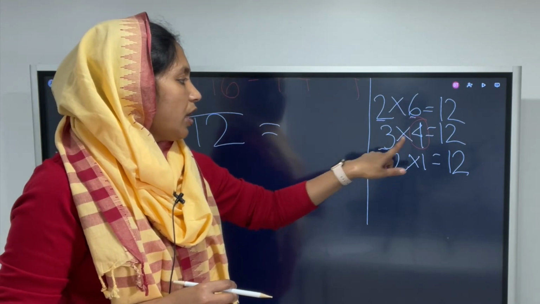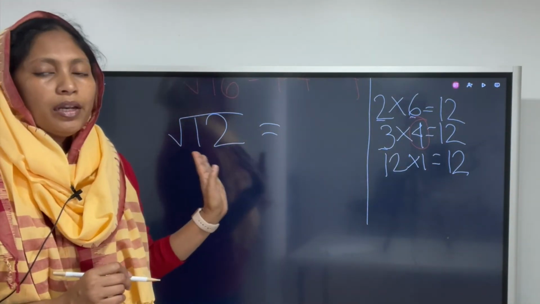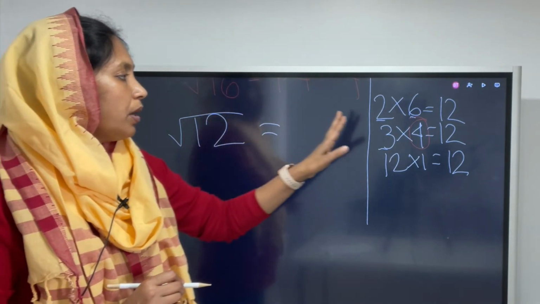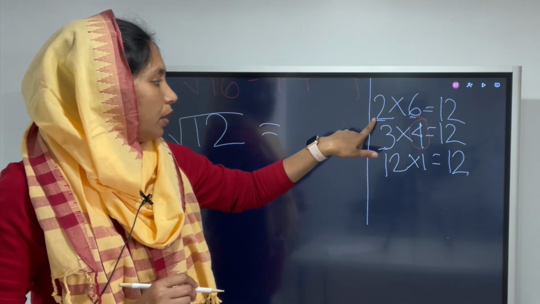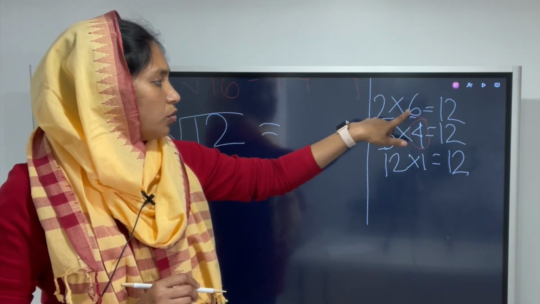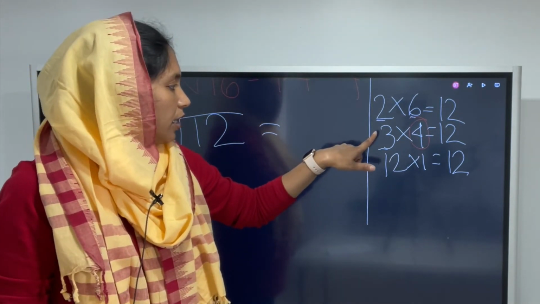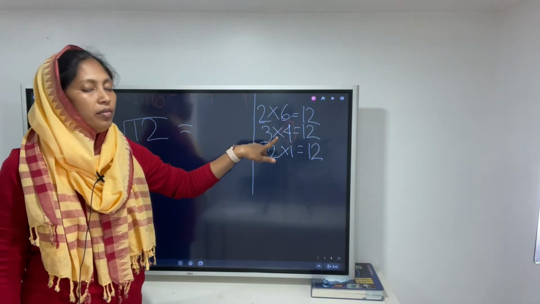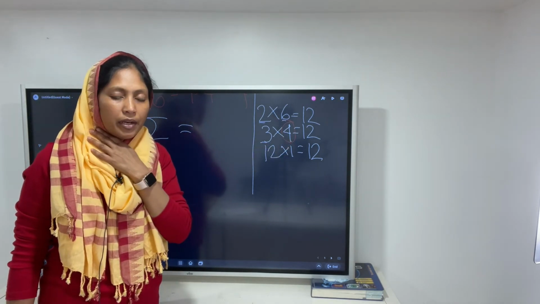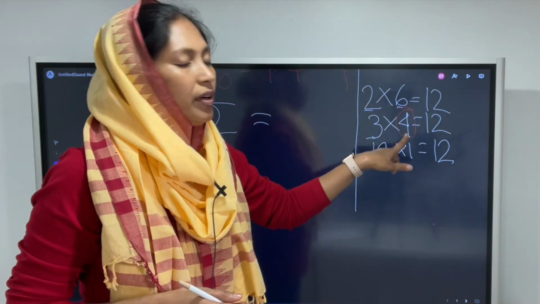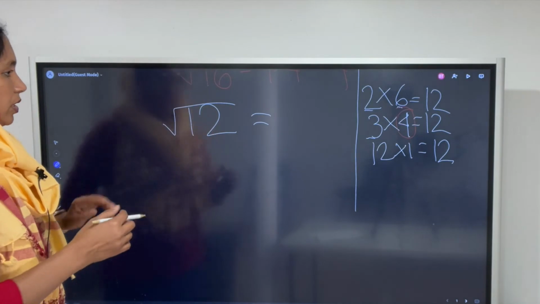So you see 3 and 4, so you can break down 12 by 3 and 4. To break down 12, which number should you use from this list? If we take 2 and 6, we're not going to get any perfect square number. If we do it by 3 and 4, now we see 4 is a perfect square number. So let's see what happens if we use it here.